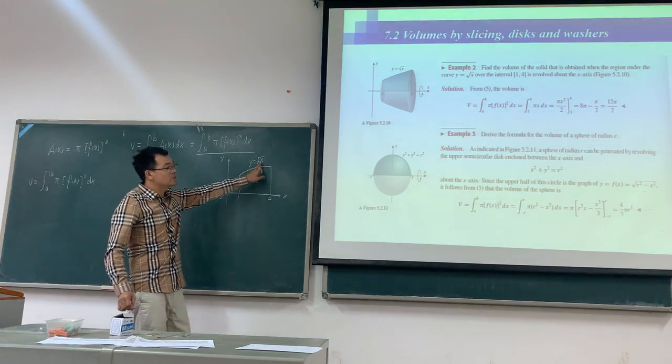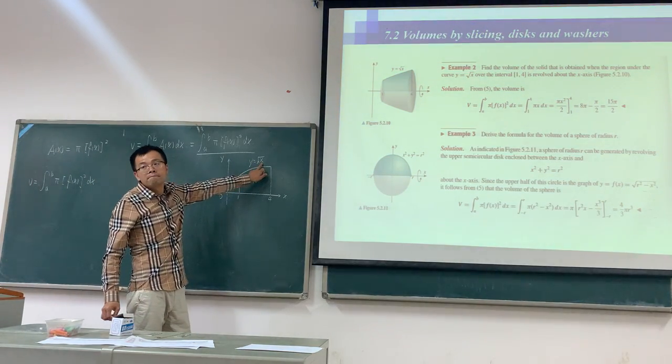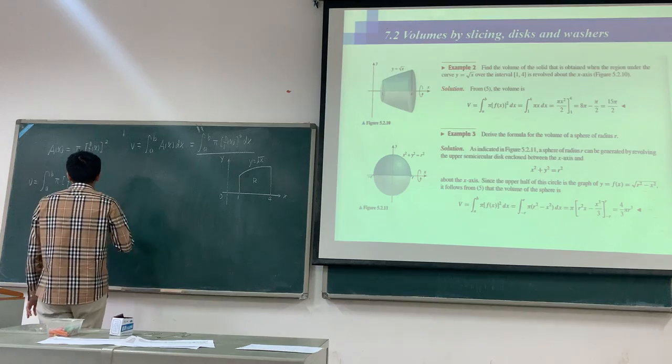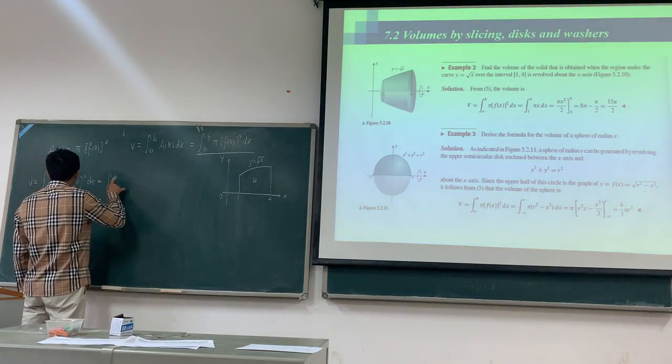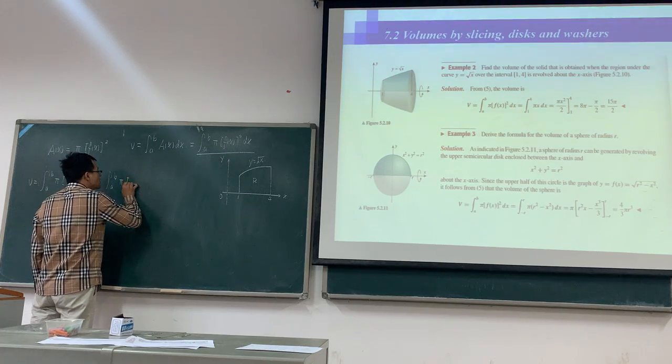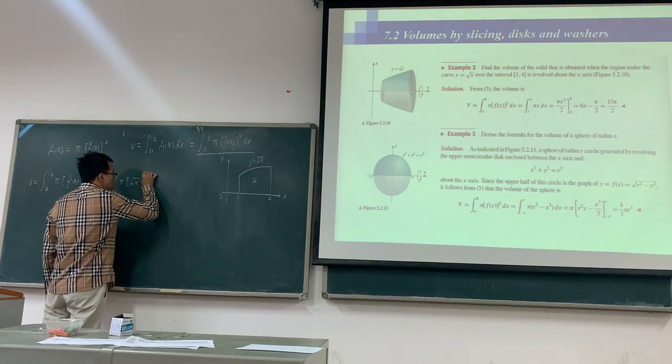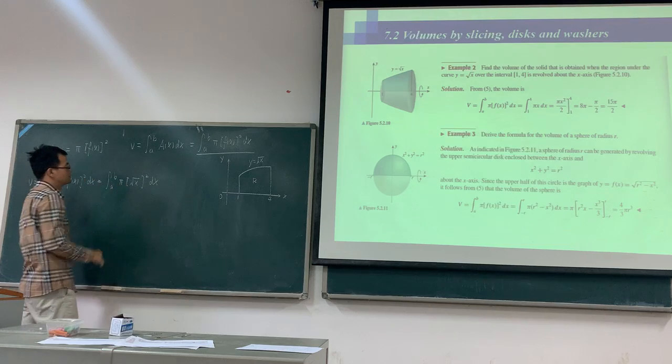Here f(x) is the square root of x, so the volume equals the definite integral of pi times the square root of x, squared, dx.